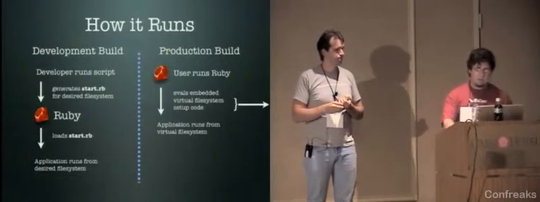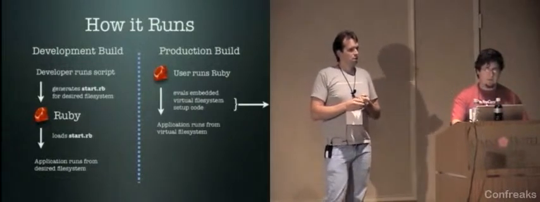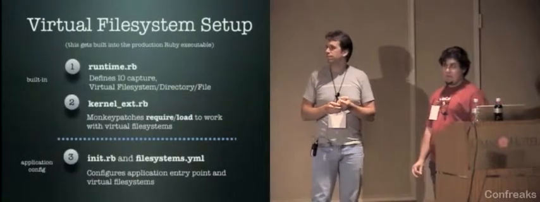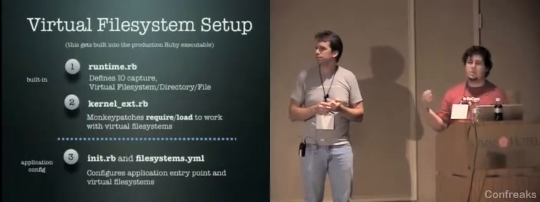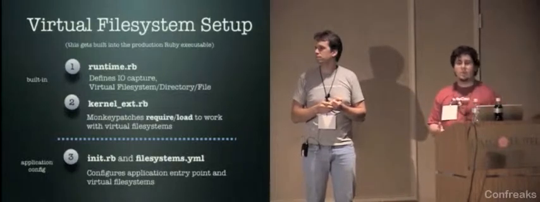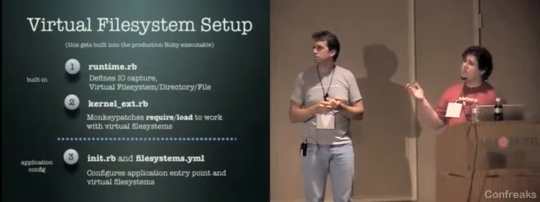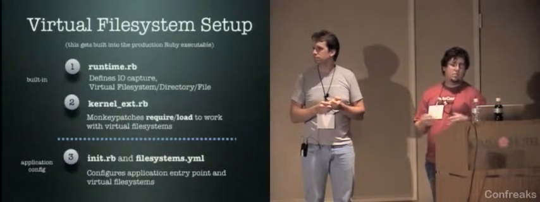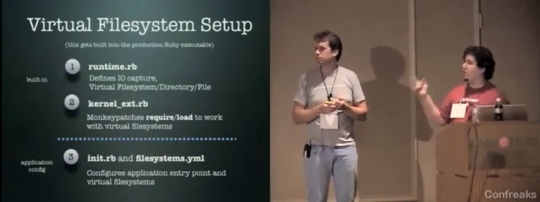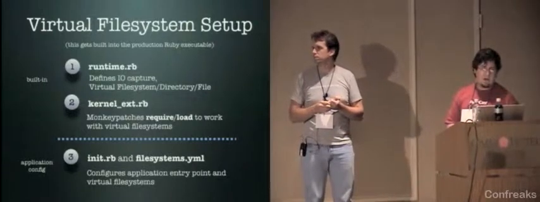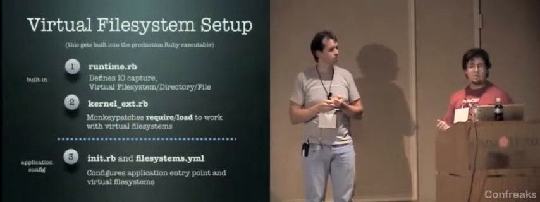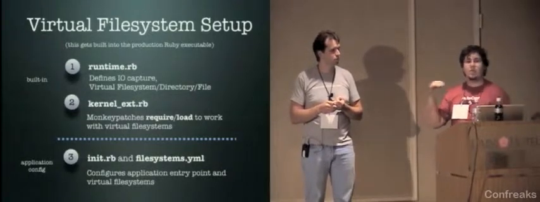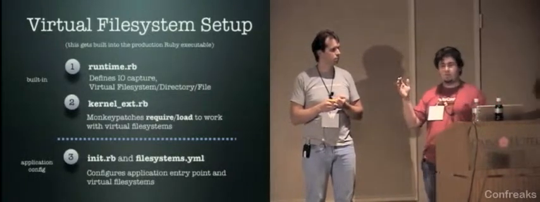Yep. And we'll go into what's actually inserted in there right now. There are three bits. Two bits are part of the runtime that you never really have to touch if you're developing these applications. The third one is your configuration, which we'll talk about first, and then we'll go into the more complex stuff. The file systems.yaml is your configuration for what databases you have and what paths go into each database.